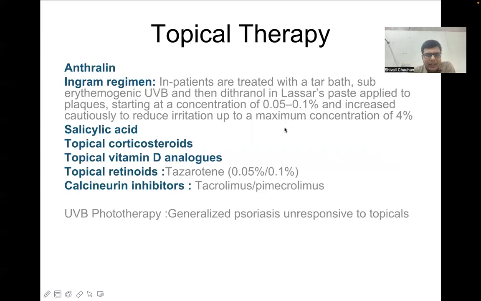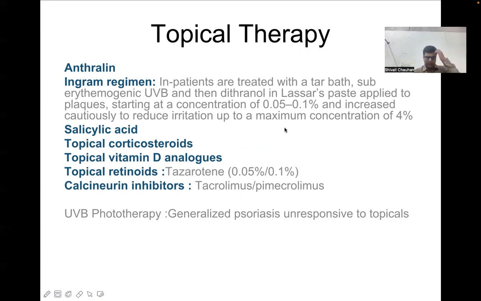Other therapies are anthralin, which has the Ingram regimen, in which patients are treated with tar bath, suberythemogenic UVB, and then dithranol in Lassar's paste is applied on the plaques, starting with the concentration of 0.05 to 0.1% and increased cautiously to reduce irritation up to a maximum concentration of 4%.